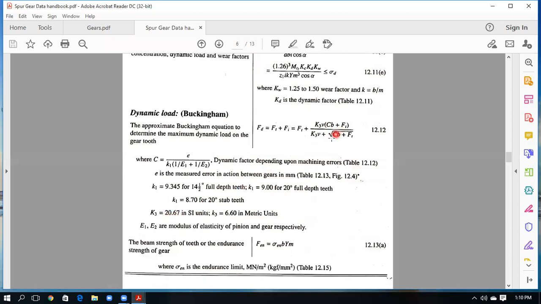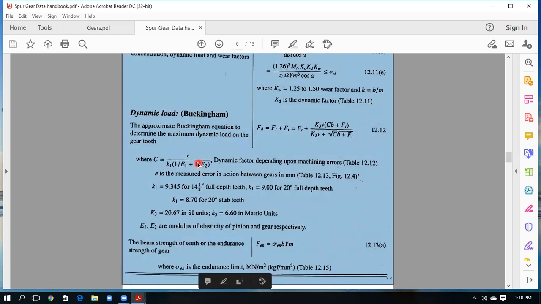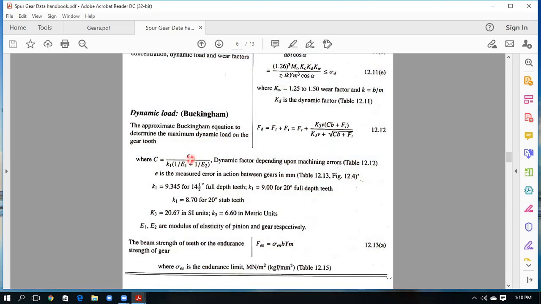And whatever this K1 is, you are going to see that C is nothing but E divided by K1, 1 divided by E1 plus 1 divided by E2. And this E is nothing but the error, the dynamic factor error. Depending upon that, we need to take it from table number 12.13. I will tell you how to take that E value.